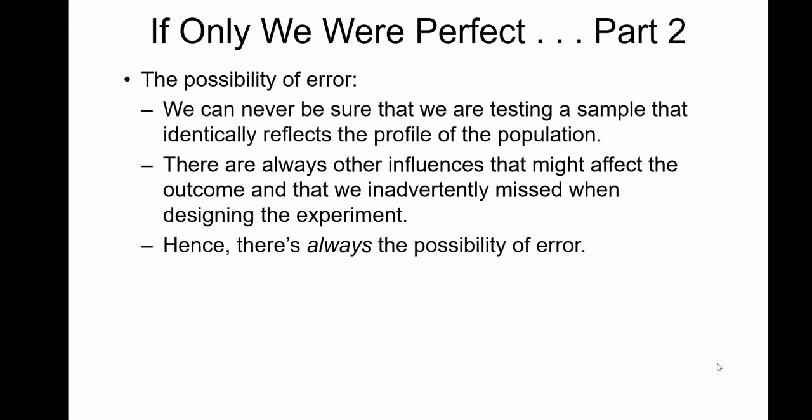So when we talk about error, okay, my averages I've calculated, we can never be really sure that the sample that we are testing reflects the population that we've pulled from. I pulled 6 poker chip people, there's 100 poker chip people total in my box.